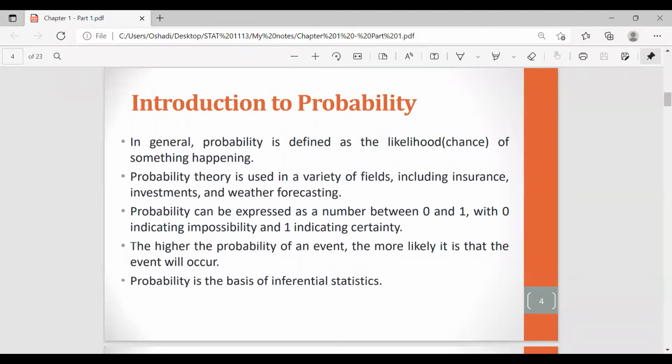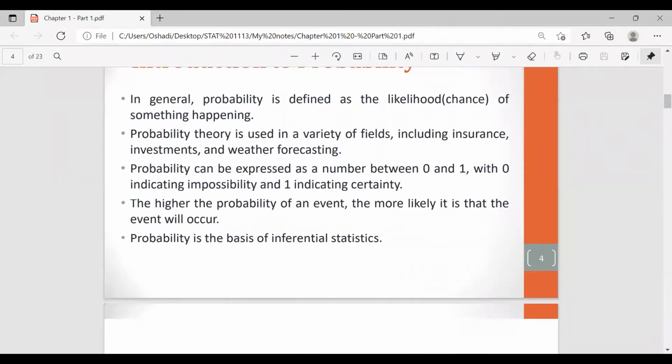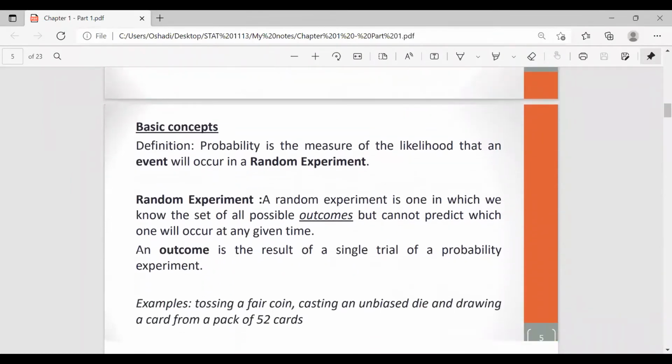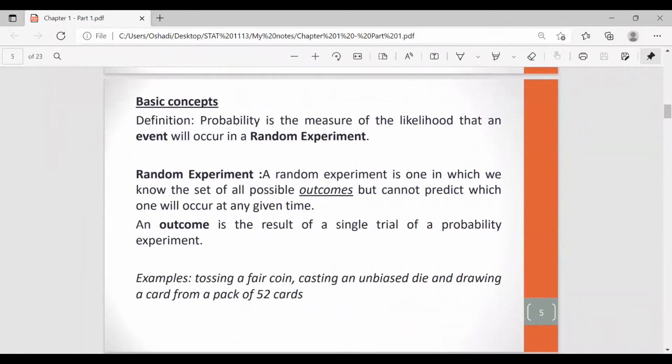So it is very important to learn the concept of probability. These are some basic concepts or basic notations we are using in probability. You are familiar with these words, but in Sinhala, I guess. So the definition is given here.